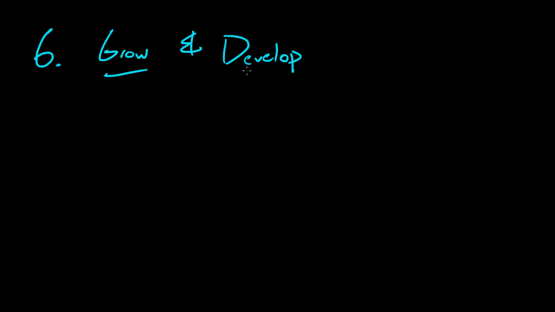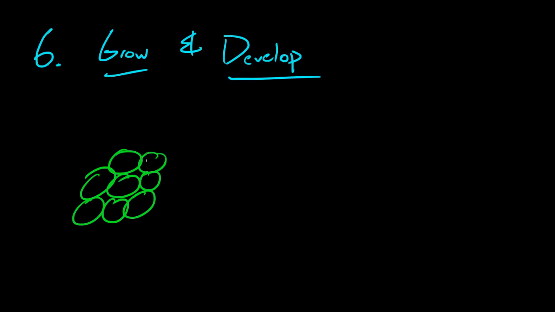Now, I separated grow and develop because they're actually two different things. We already know that human beings, you yourself, believe it or not, were a single cell at one point in your life. At the beginning of your life, you were one cell, and we're going to be talking about reproduction and how life is formed later on, but you pretty much split in two, and then that split in two, and you reproduced enough times.